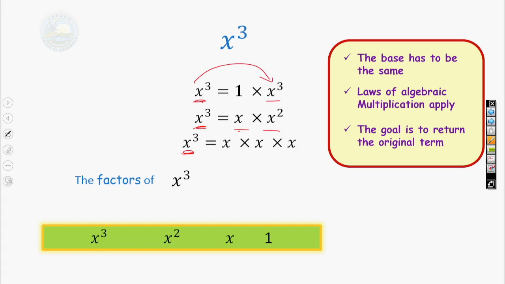And remember, when we are multiplying, if I'm looking for factors of x cubed, the bases have to be the same. And when I'm multiplying, I'm adding the powers. So the question is, what powers do I add here to give me this power 3? We did speak about 1, and we're going to look at him as we go on into some more advanced algebra. But for now, we'll leave him here, and we'll continue on. So the factors of x cubed are x cubed, x squared, x, and 1.